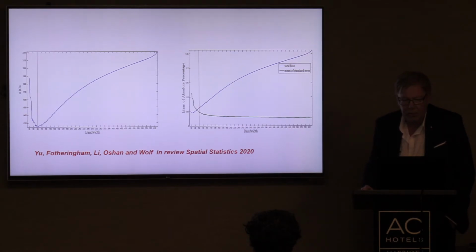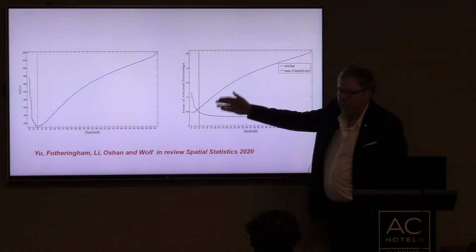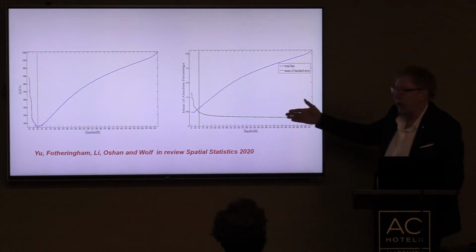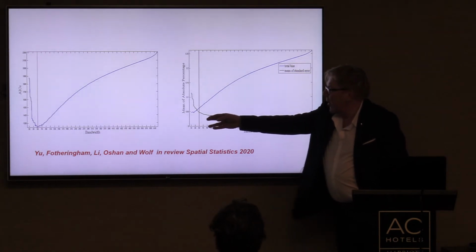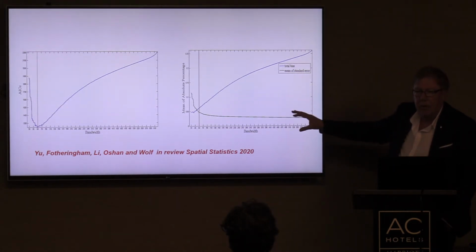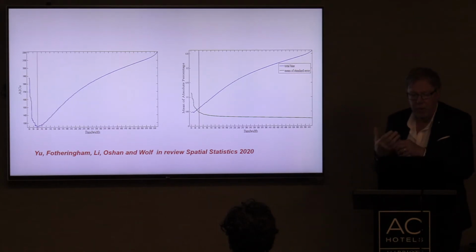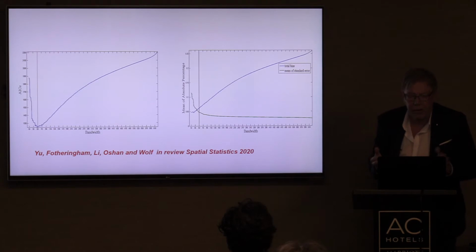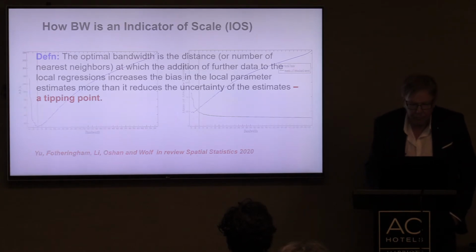You can see that this is pretty close to a nice optimal mix. It depends on your weight between bias and variance, obviously. But you can see that the AIC measure is finding a bandwidth which gives us relatively low bias and relatively low variance, which is what we want.